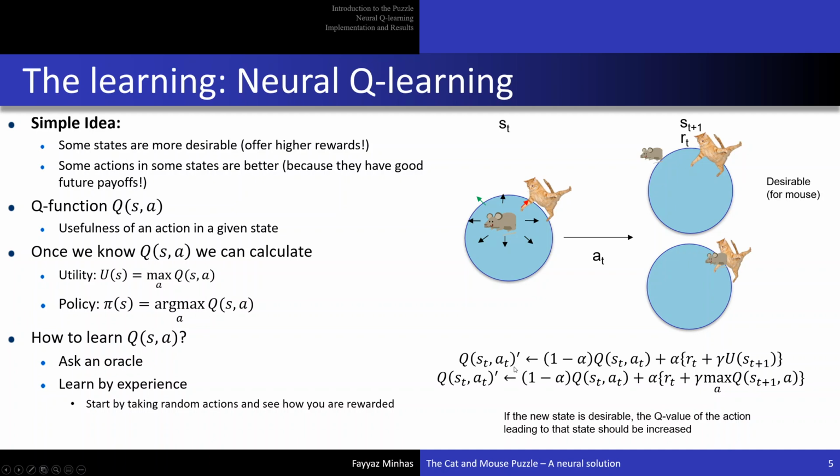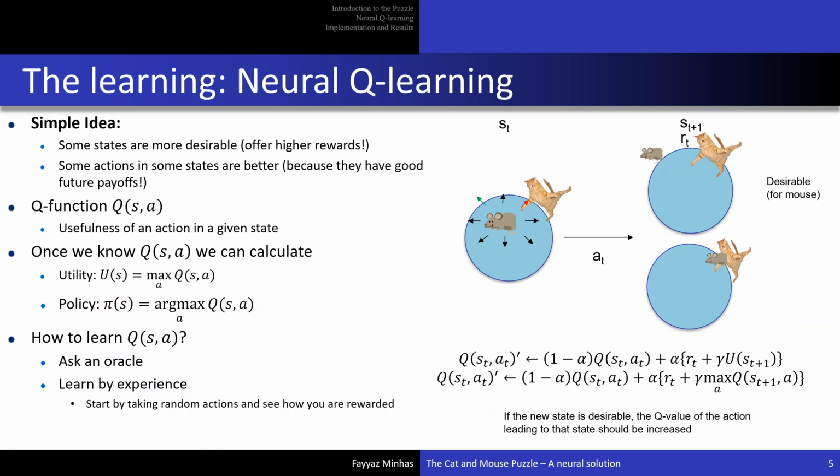So the new value of Q(S,A) in a particular state S and action A at time t would be based on how much reward we received by executing action A in state S and what was the utility of the next state. So if the next state is really useful, then the Q value of this action in the current state is increased.